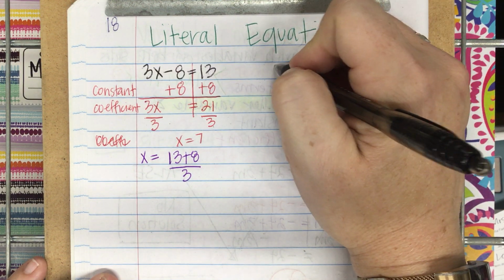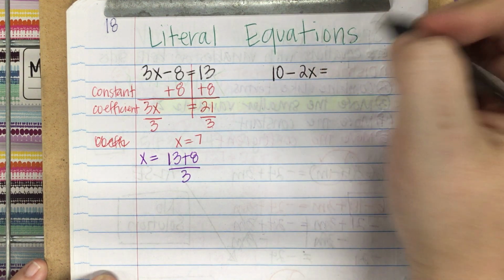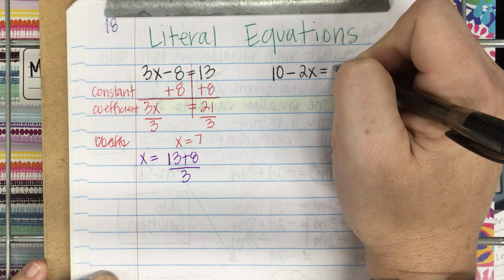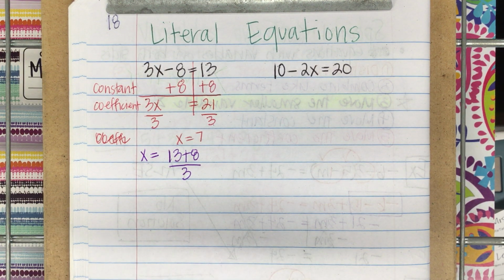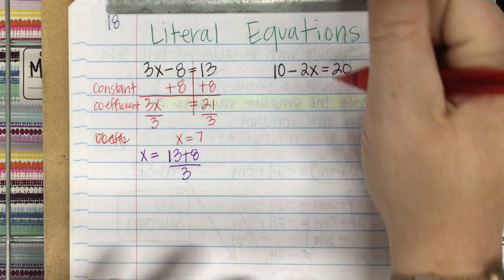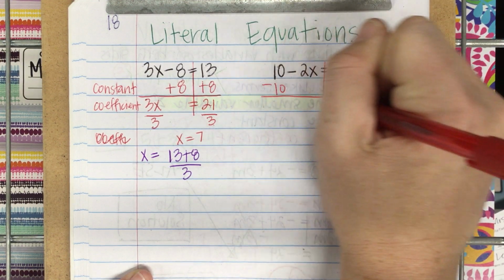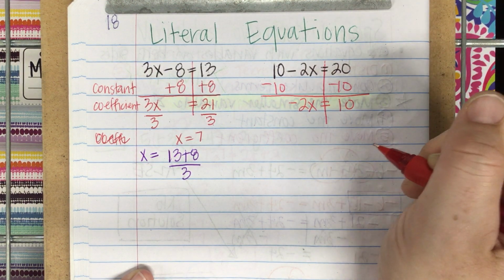So again, let's do one more. If we had 10 minus 2x equals 20, again showing every single step. I get it, you don't need to for most of you, because this is where we do the mental part. But if you were showing all of that work, you would say minus 10, and you'd have negative 2x equals 10.